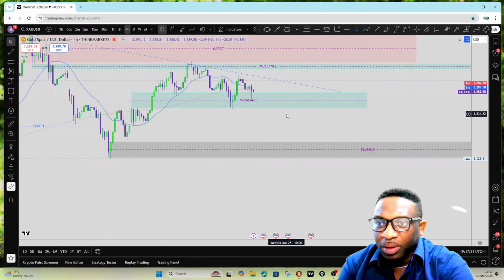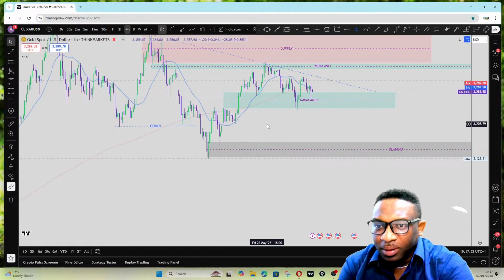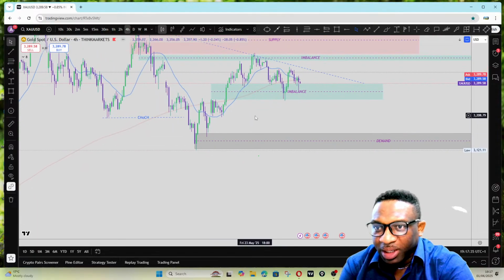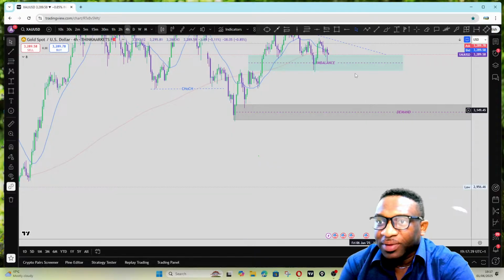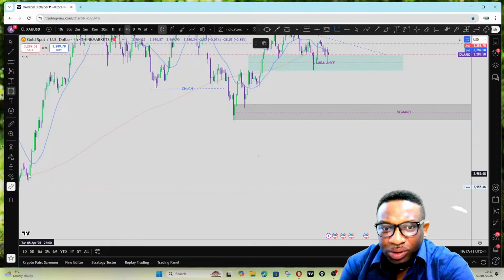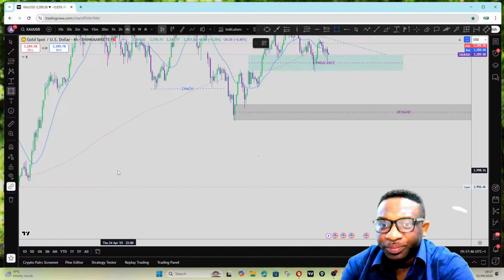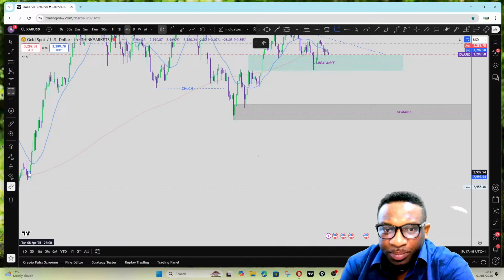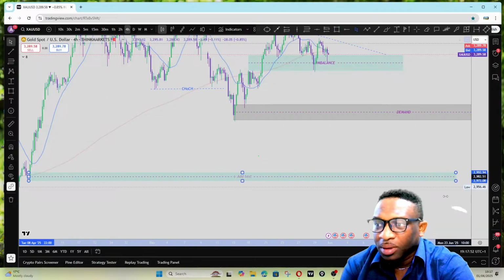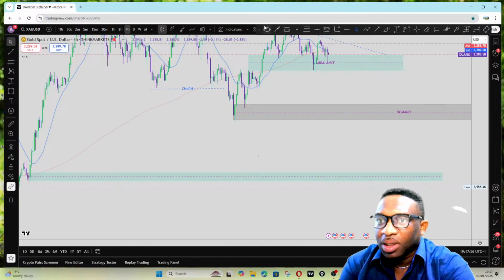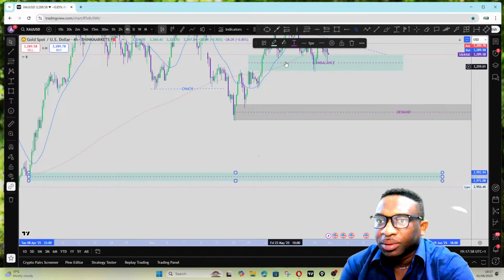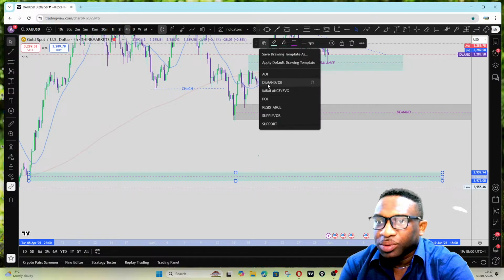So this is what we currently have on this chart. And then we also have this area below here that has not been tapped into yet. So this is an area where we also look.